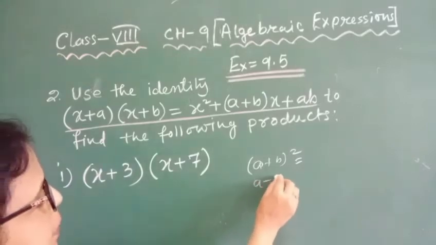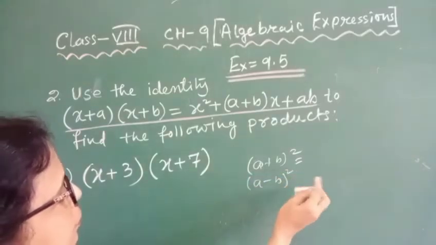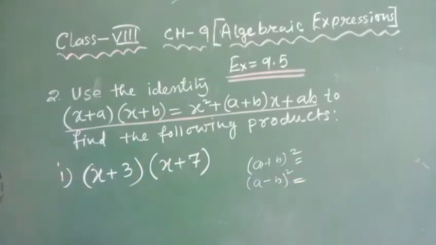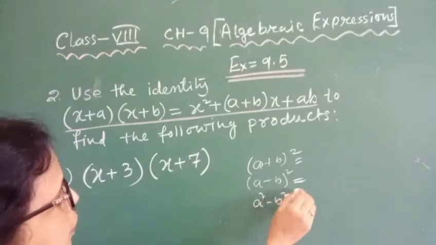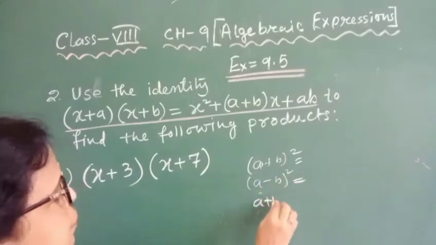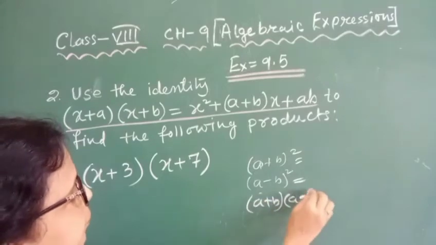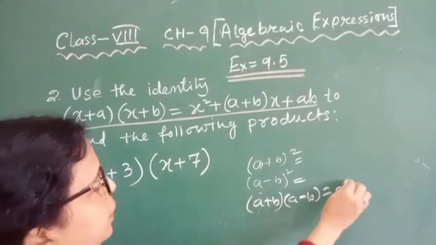Second identity: a minus b whole square. We have completed our work by using this identity. And the third one: a square minus b square, or a plus b into a minus b, equal to a square minus b square.